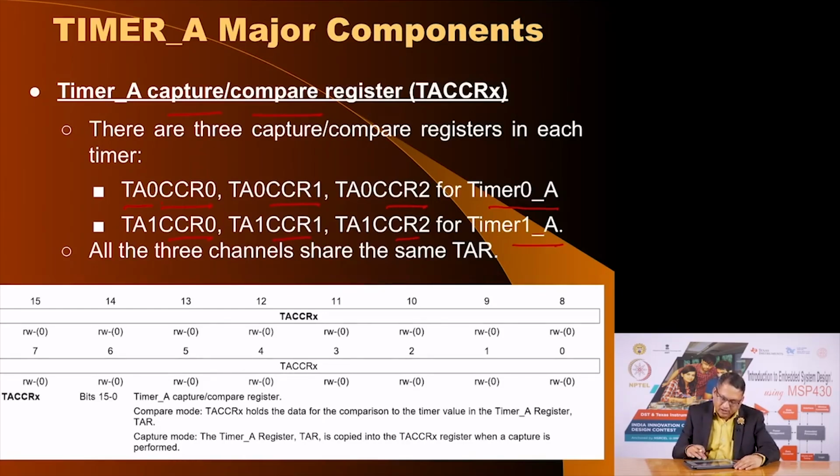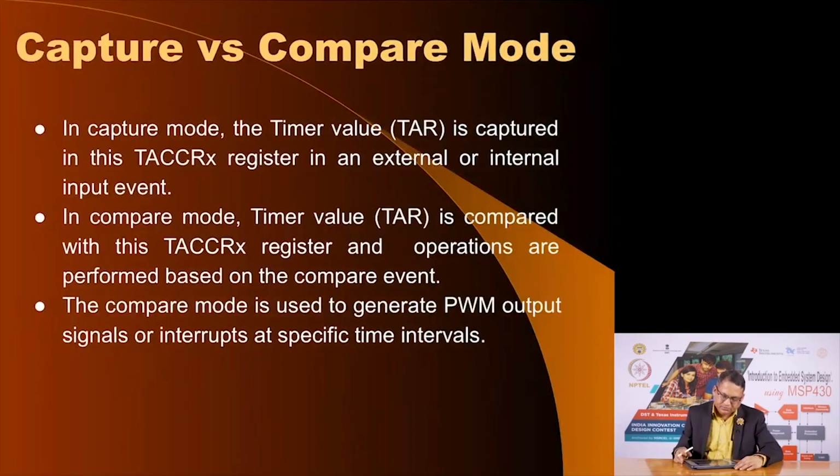These 3 channels will use a given timer register, and you can write values in this and you can read values from this to know whether you want to compare or you want to capture and so on.